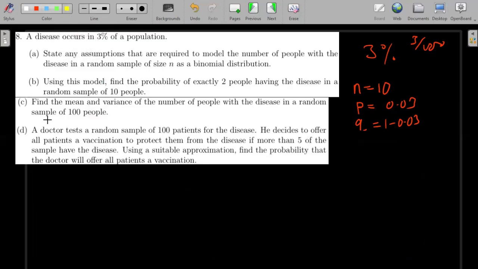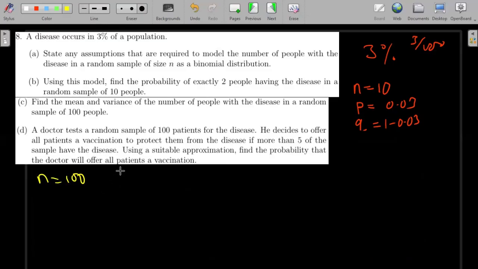Right, let's look at the last question on question 8. They're saying a doctor tests a random sample of 100 people for the disease. He decides to offer all patients a vaccination to protect them from the disease if more than 5 of the sample have the disease.